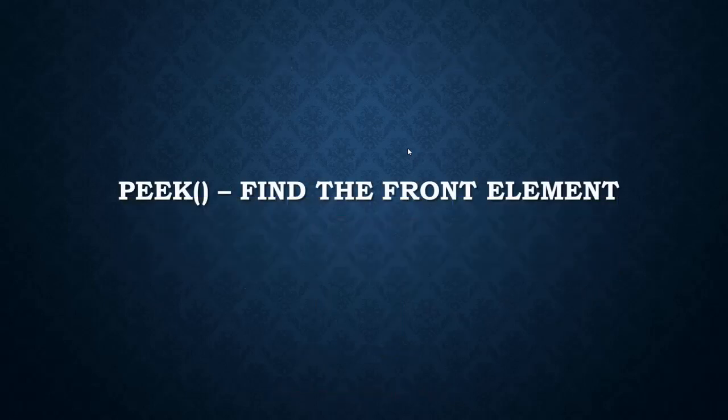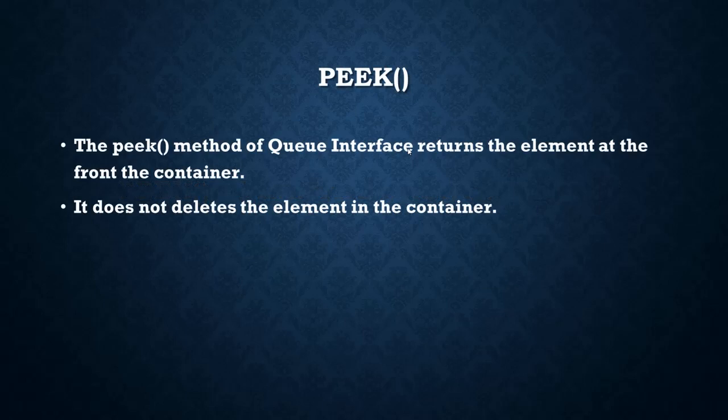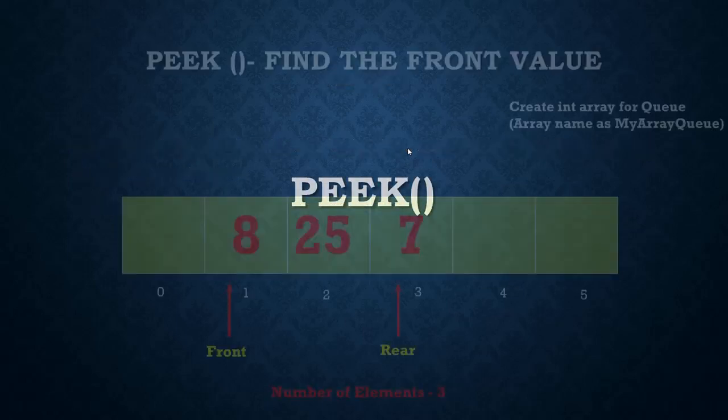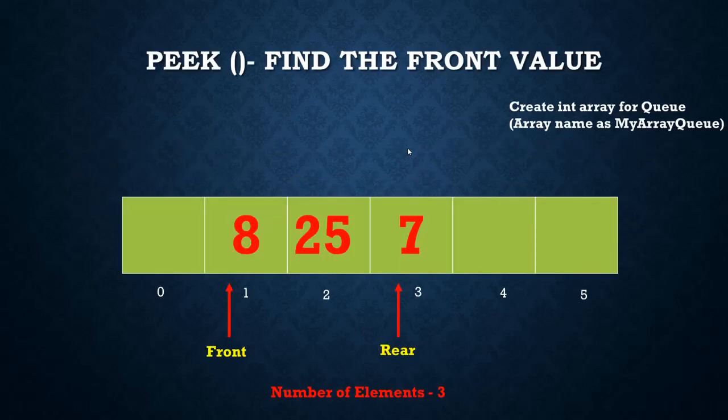Now I want to execute the peek operation. What do you mean by peek? Peek is just looking at what is in the front element. Once you execute peek, it will not delete any element. See, front is 8, rear is 7, number of elements is 3.